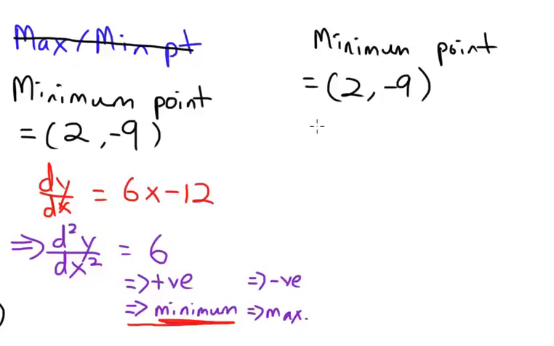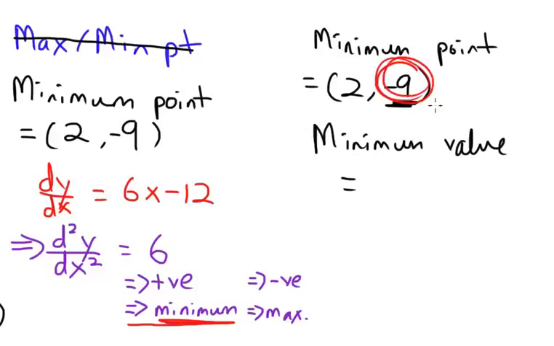If they want the minimum value, remember that it means the y value at the minimum point, which is -9. So this is your minimum value. So minimum value would be -9.